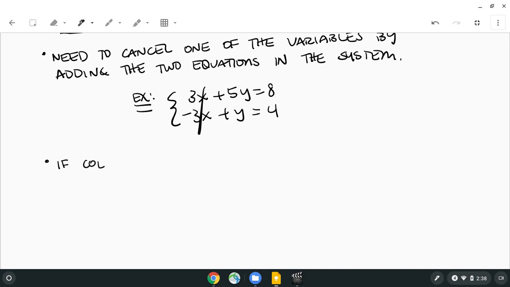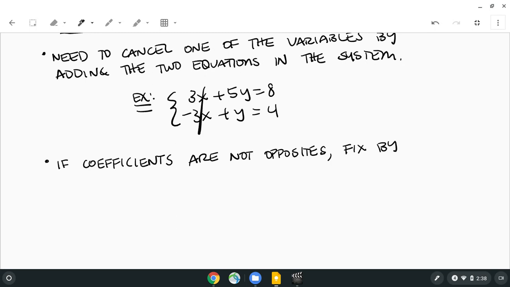If coefficients are not opposites, then of course they are not going to cancel. So what we do is we fix it.